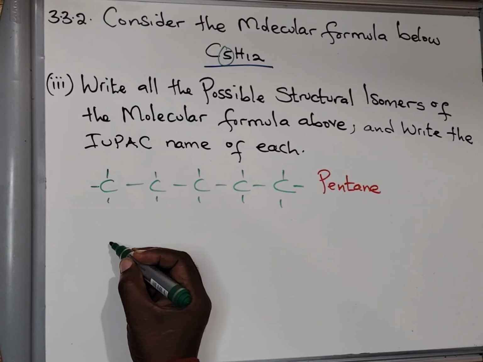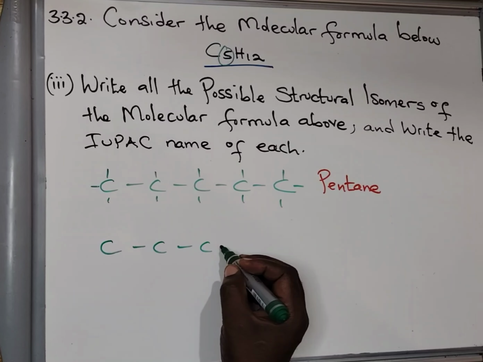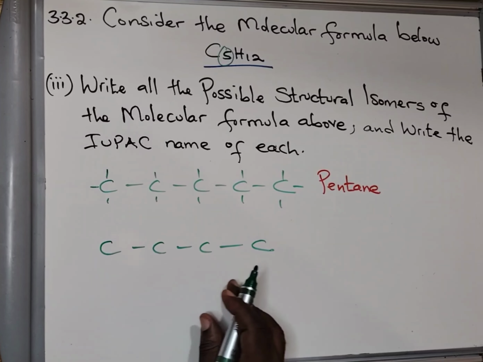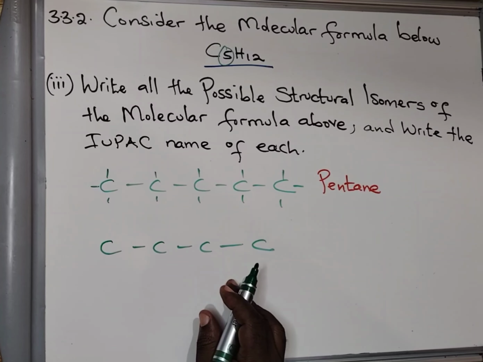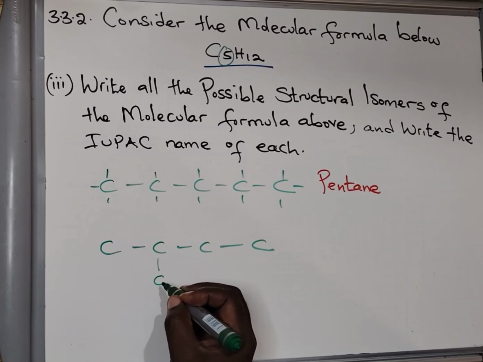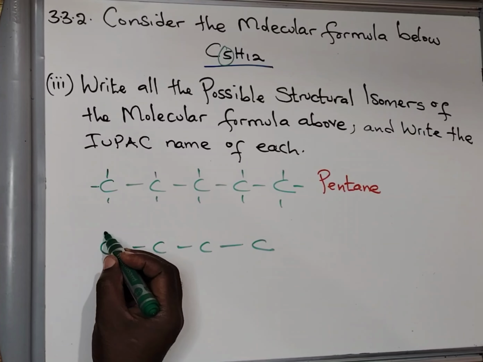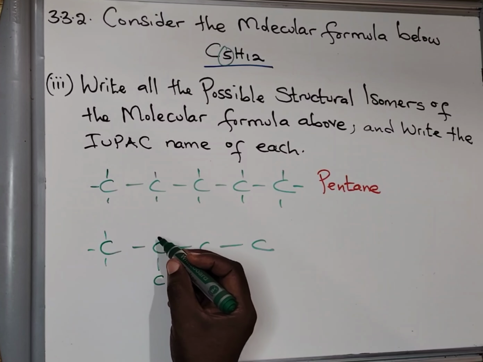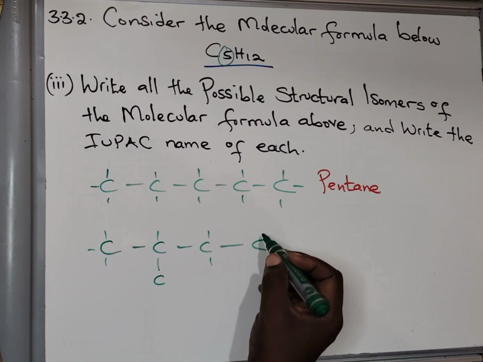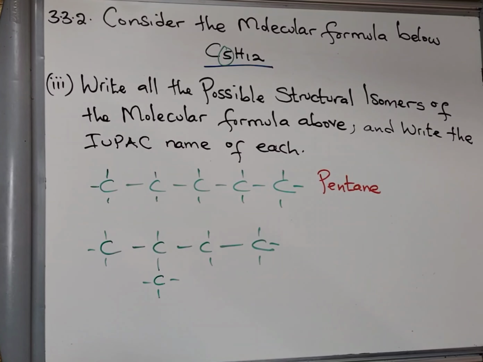We can have this one and that one and that one and that one. Those are 4 with a branch here. So let us try to find out the missing bonds. This one's missing 3. This one's missing 1. This one's missing 2. This one's missing 3. This one's missing 3.